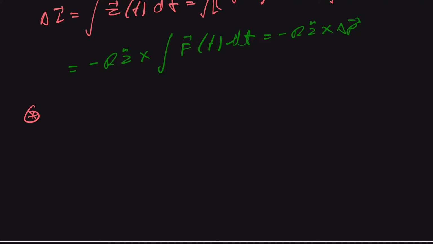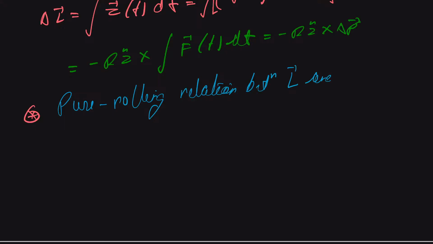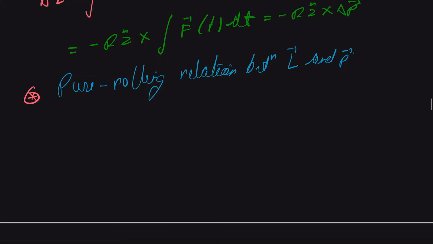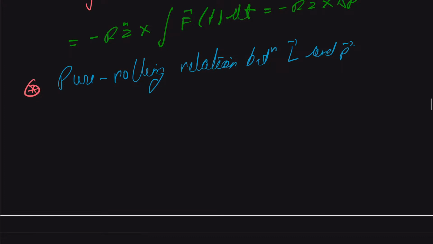So we can say the pure rolling relation between L and P. For that we can write that the velocity of our center of mass is r omega, in the z unit vector direction, and moment of inertia, because for a rigid body we know it is equal to k m r square, and k depends upon whether it is a solid sphere or thin sphere. Okay, we can just modify this value of k.